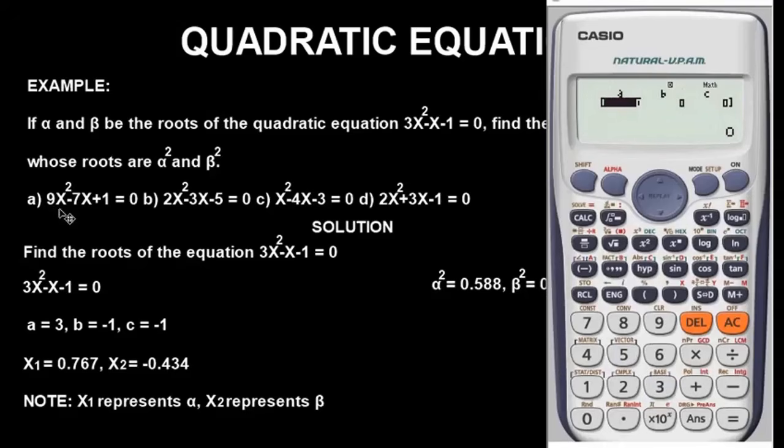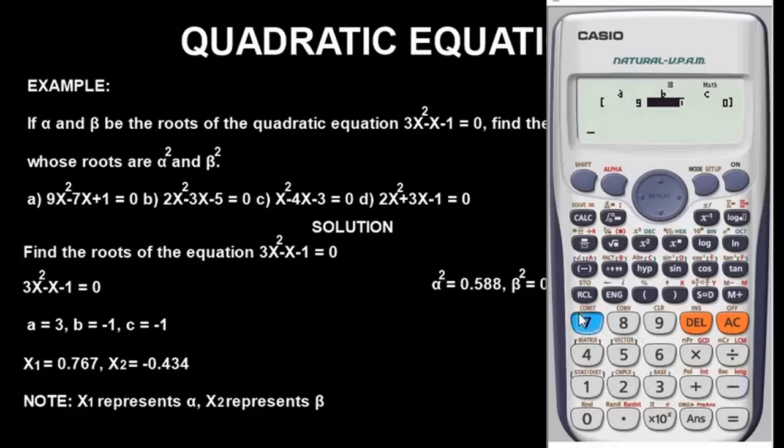Our coefficient of 9s square here is 9, which is representing A. So press equal to, and the coefficient of minus 7s here, which is representing B, is minus 7.